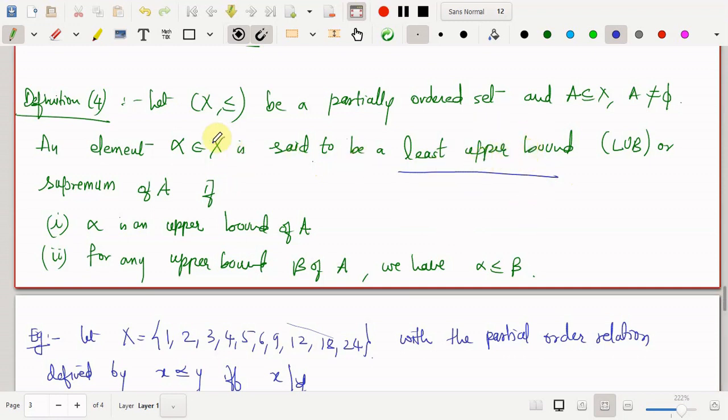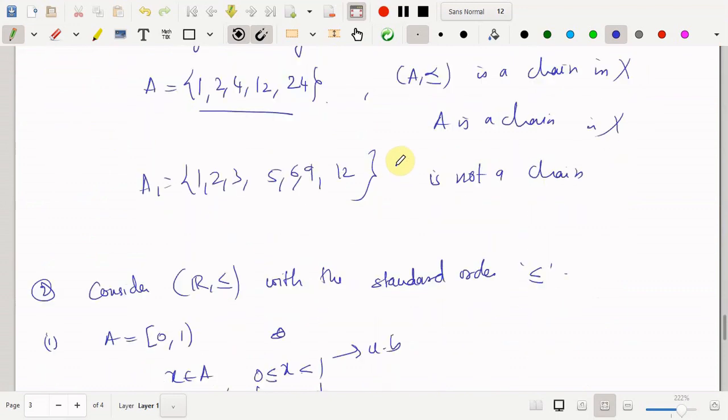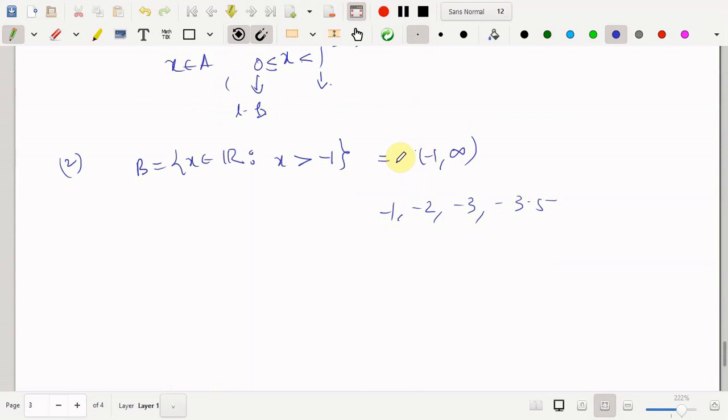We call alpha in X, which need not be an element of A, a least upper bound, also called a supremum, if alpha is an upper bound of A, and for any upper bound beta of A, we have alpha less than or equal to beta. That is, every other upper bound is greater than or equal to this least upper bound. A similar statement you can make for the lower bound, that is the greatest lower bound, which is also called the infimum. That I will leave for you.